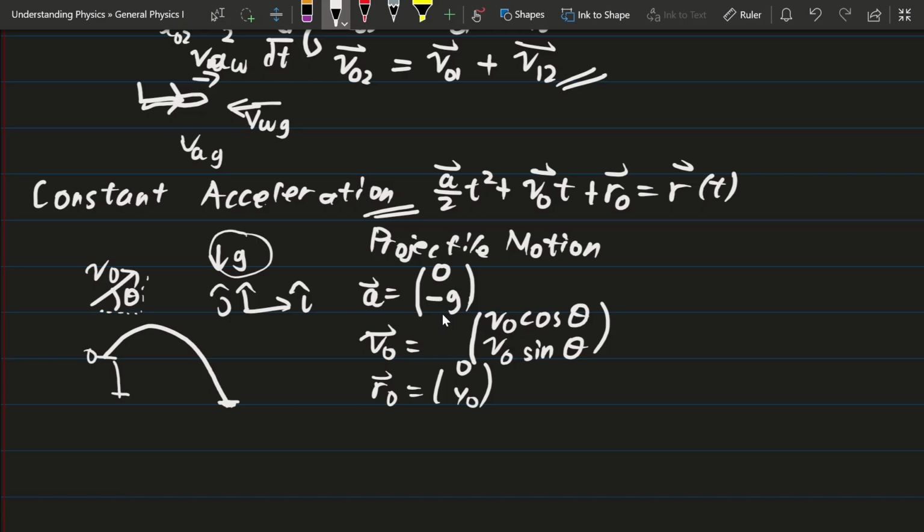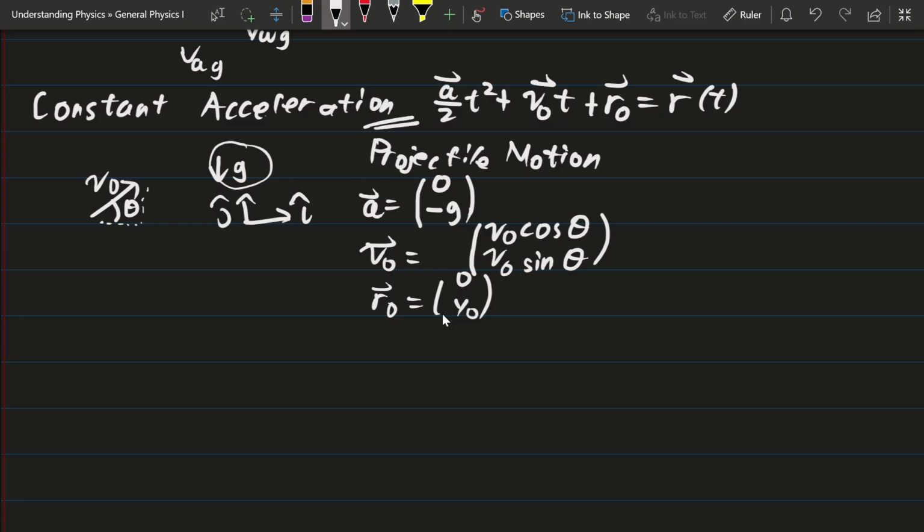So the best way for me to do this is to say this to be y0 and this would be 0, as it will be much easier to model. So we already have the entire equations, so we can figure out the position only through using this one formula.